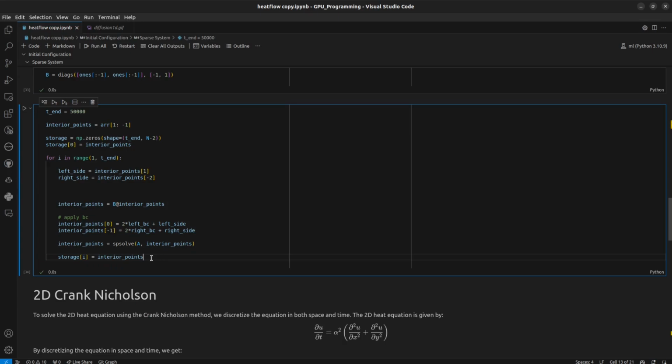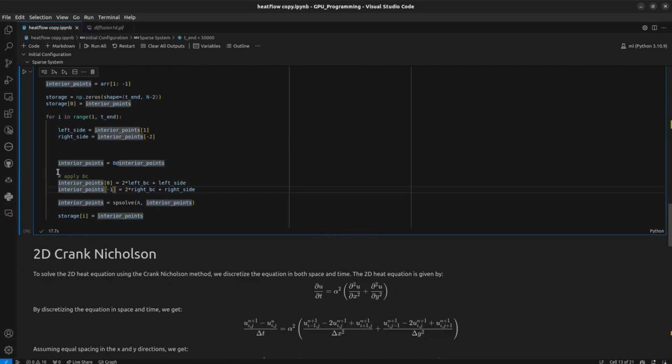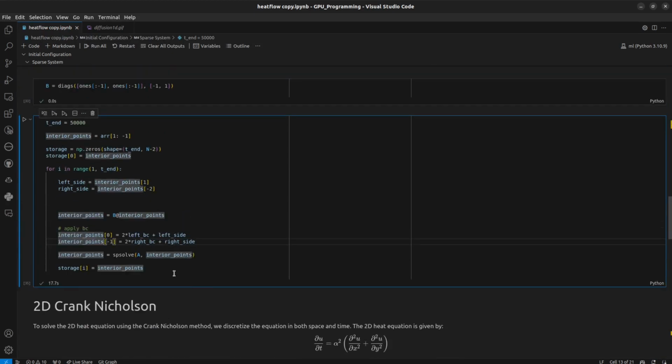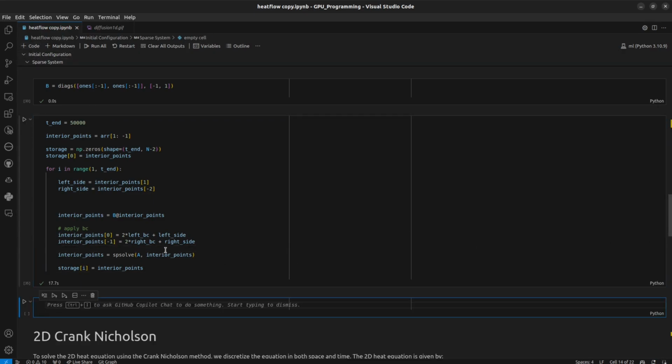So now we have our loop, and I'm going to run it, and it's going to take a while, so see you in a bit. Okay, now it took 17 seconds. That's not too bad. Now we can have a look at what we computed. I have here a little script that just creates an animation.